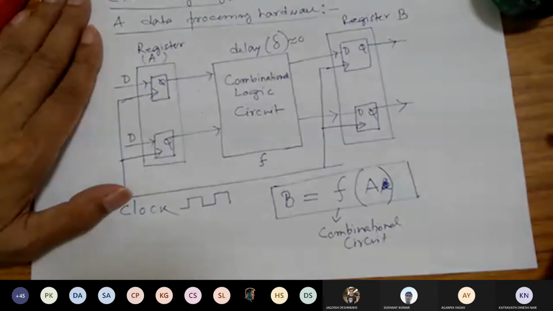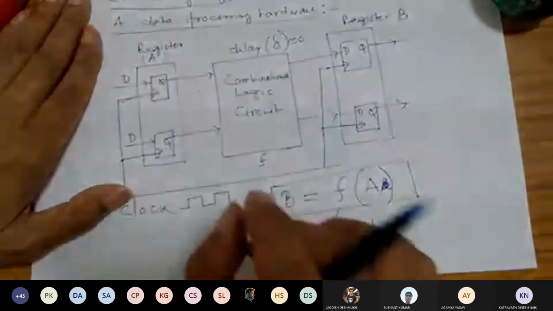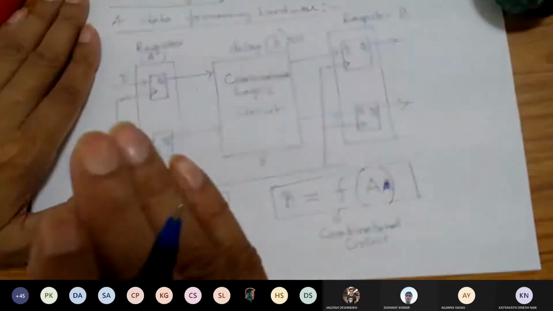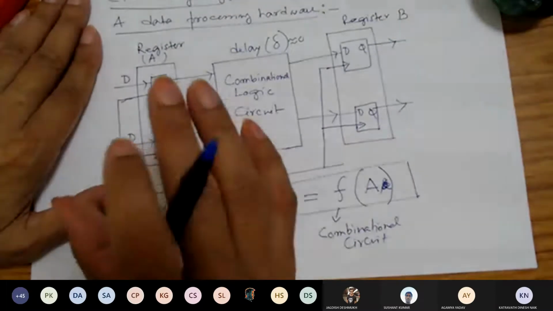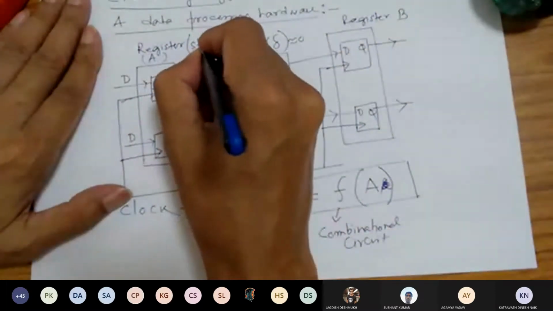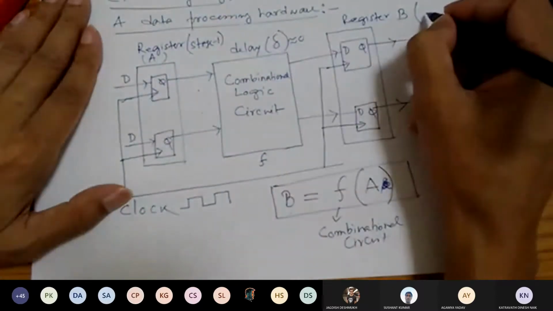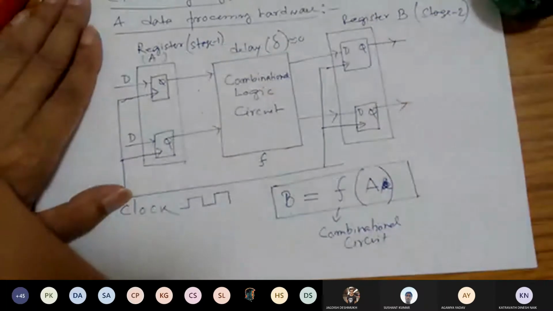Now, this is one stage actually. We have looked into the basic design, that the processor actually works in various stages. So you can assume that this is the stage 1 register, and this is the stage 2 register.